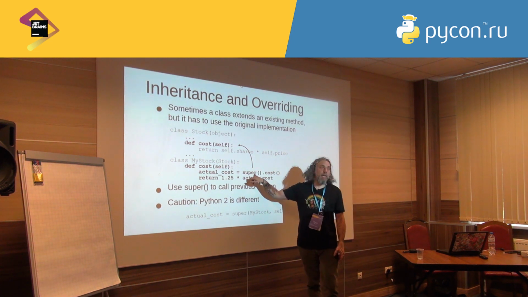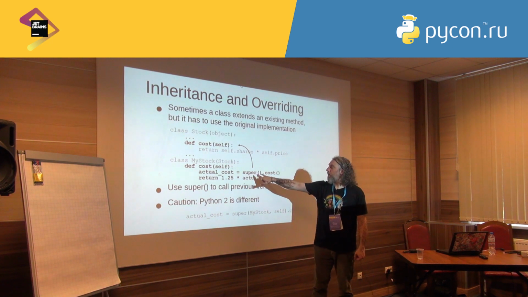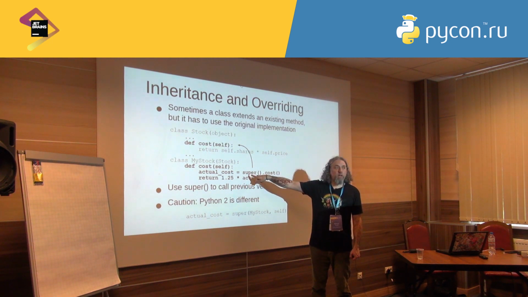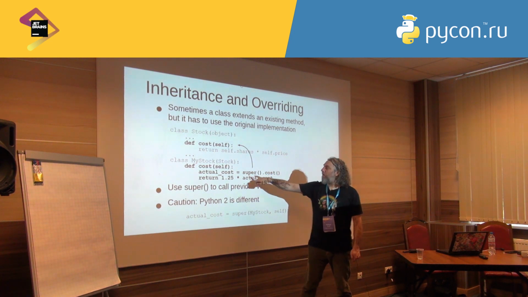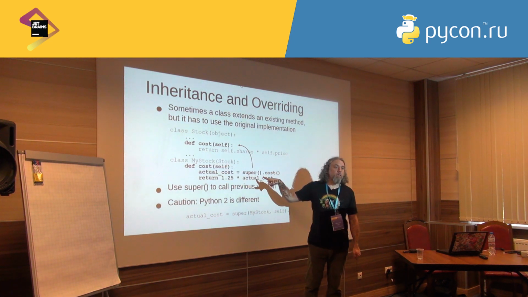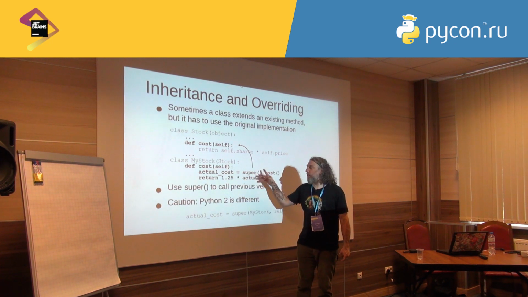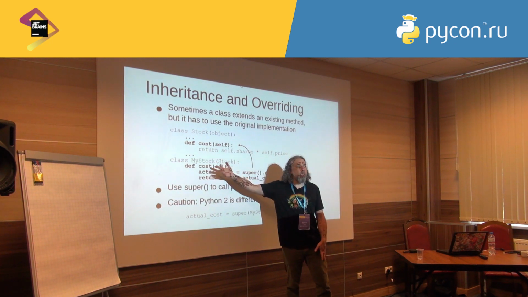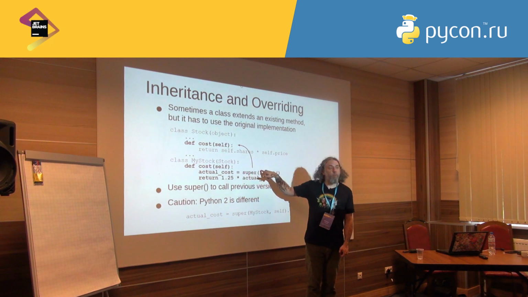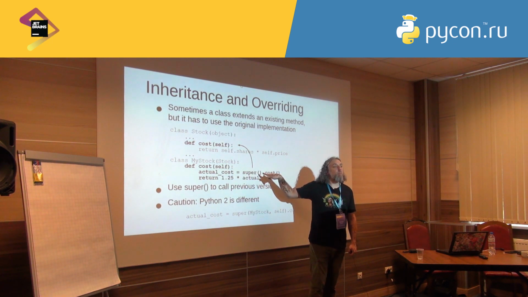And what happens is at compilation time, Python sees you're calling super, and it fills in self and myStock. It knows what self is called from the AST, or the concrete syntax tree actually, and it knows what the class is called as well. So it just fills in those two for you, and that happens at compile time.